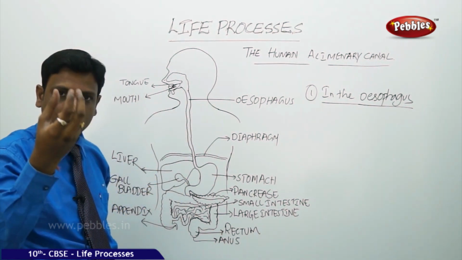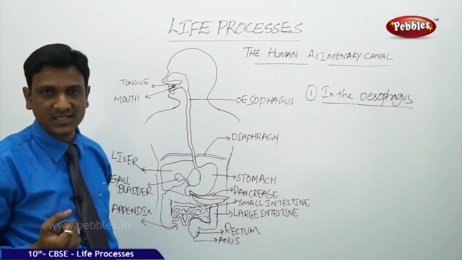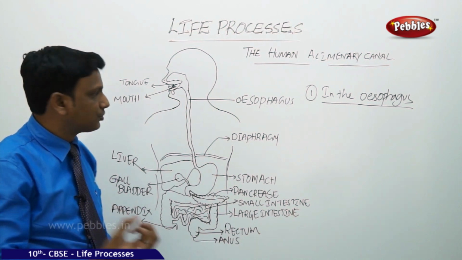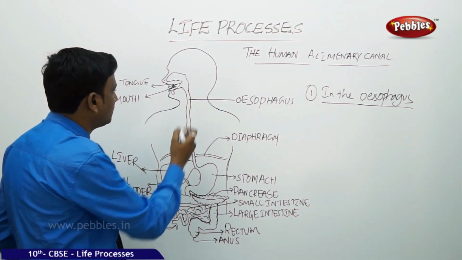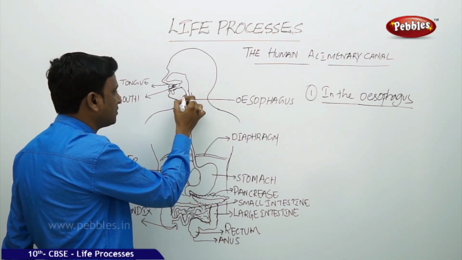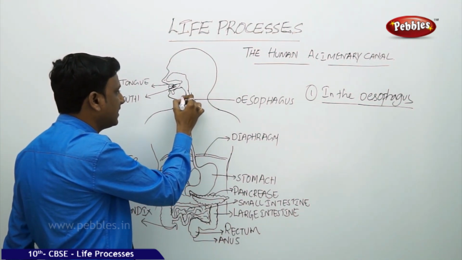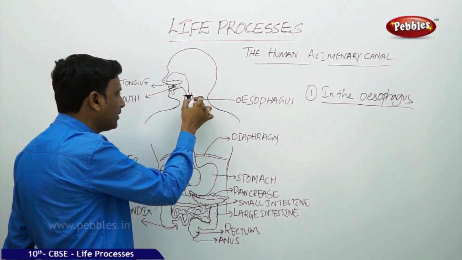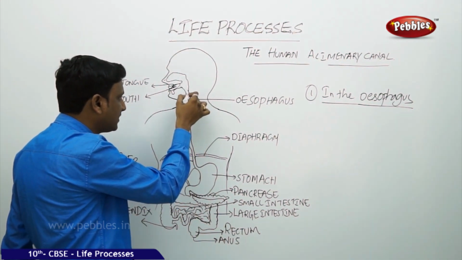The esophagus has longitudinal and circular muscles which produce wave-like contractions and relaxations. The circular muscles present here contract and push the food downwards, and the longitudinal muscles also contract and relax.